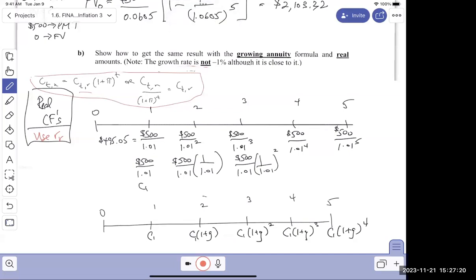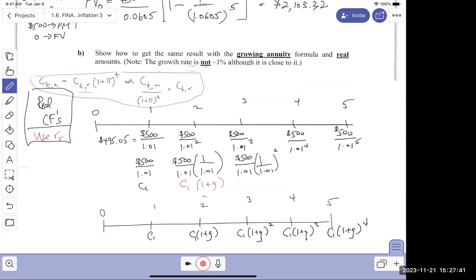You see? So there's 2 deflations in here. I'm going to use one under the 500 and one separate. So that means that this is C1, but this is 1 plus g. And here we get our third formula.